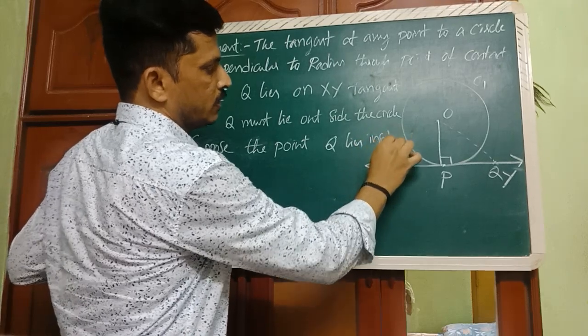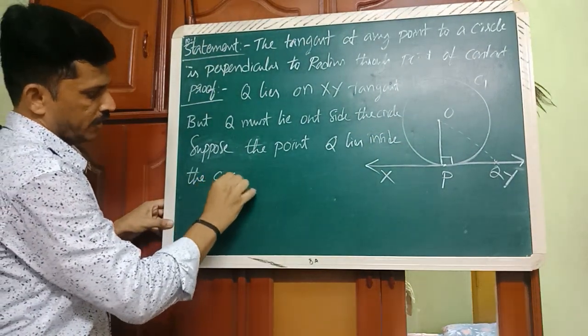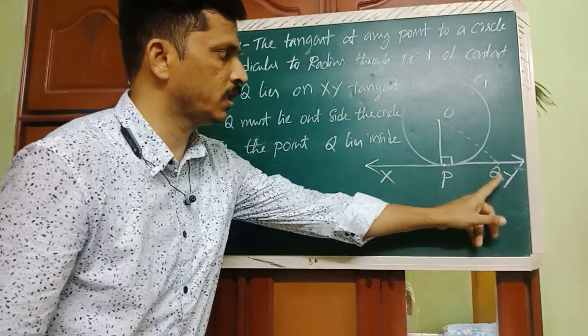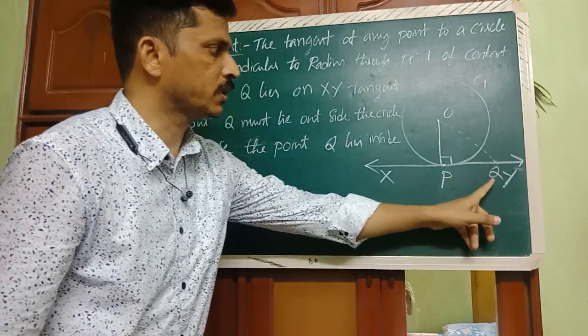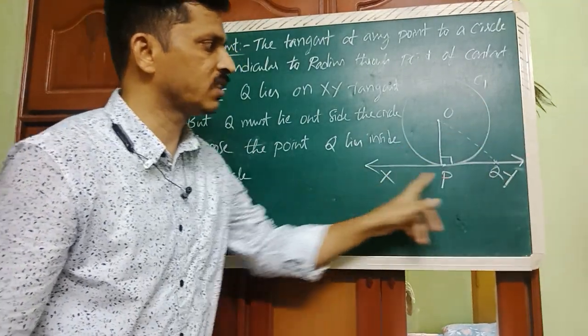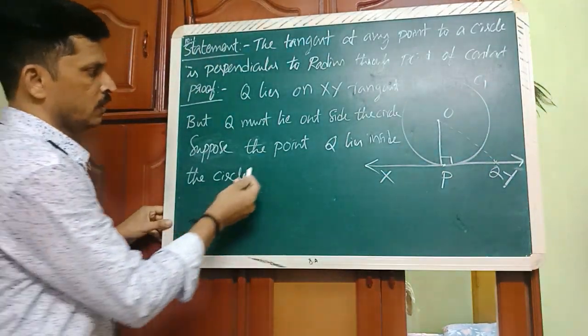What will happen? Inside the circle, XY becomes a secant of the circle.